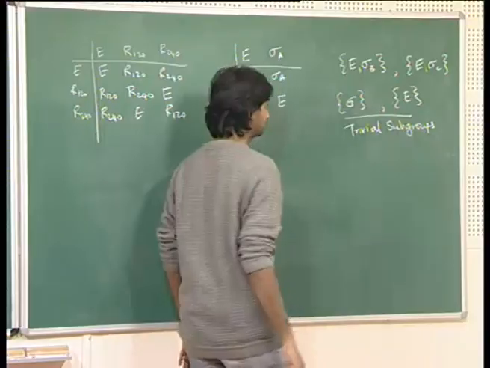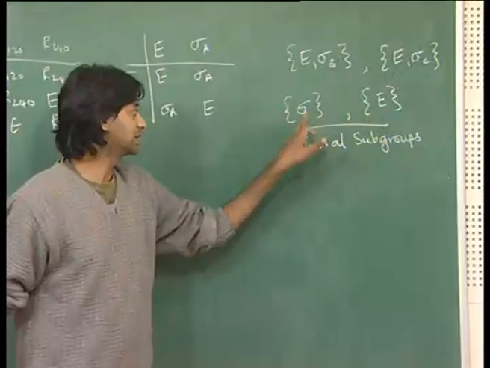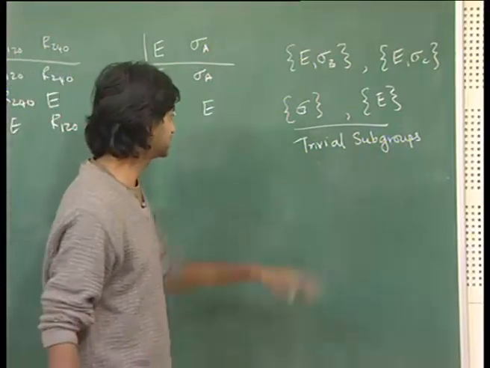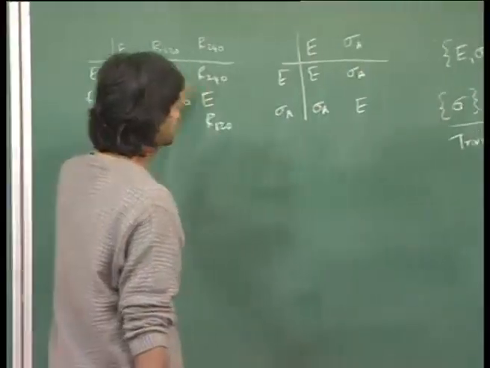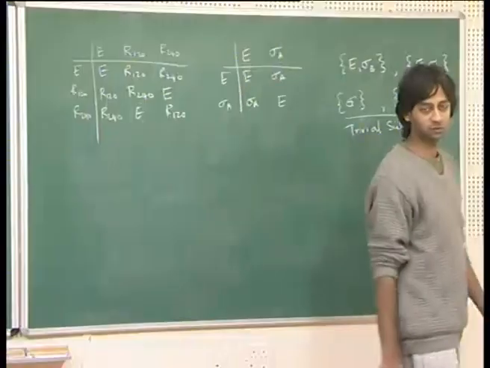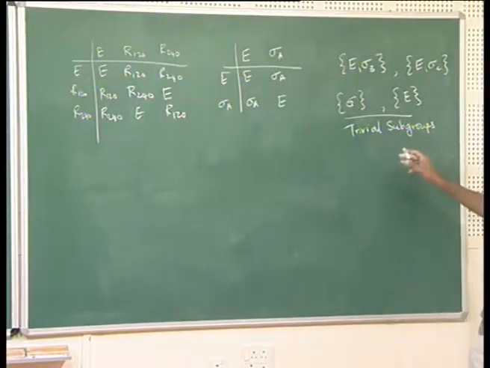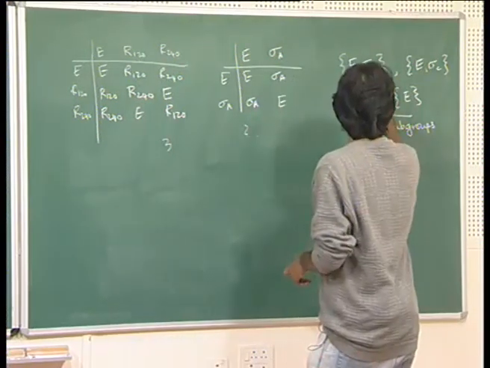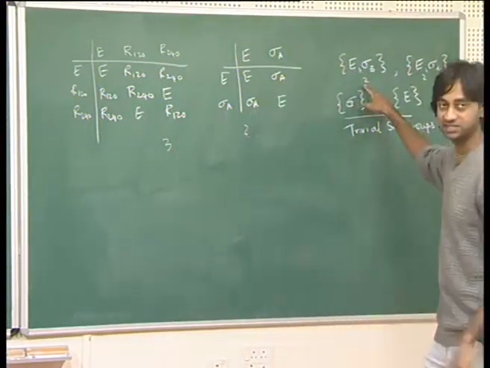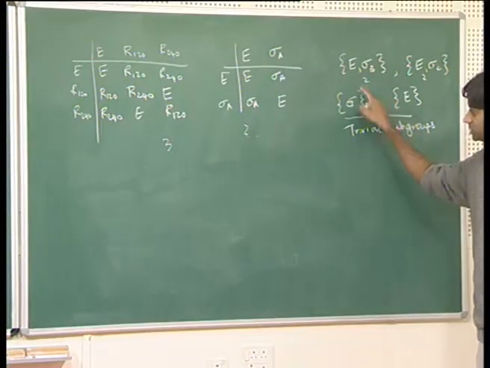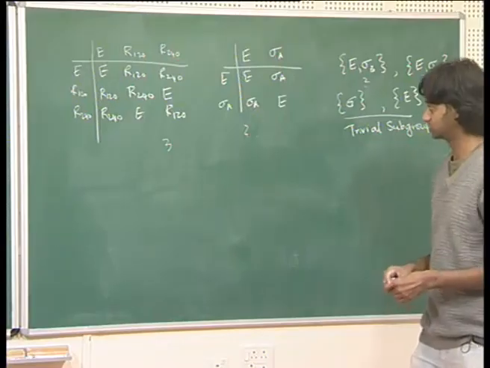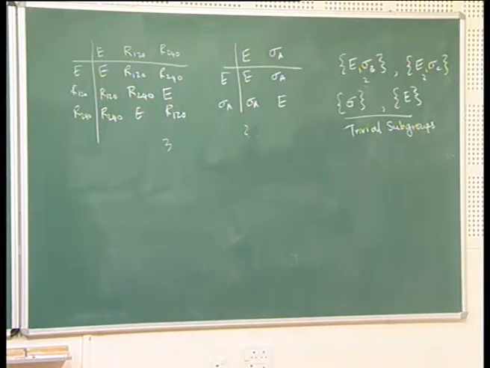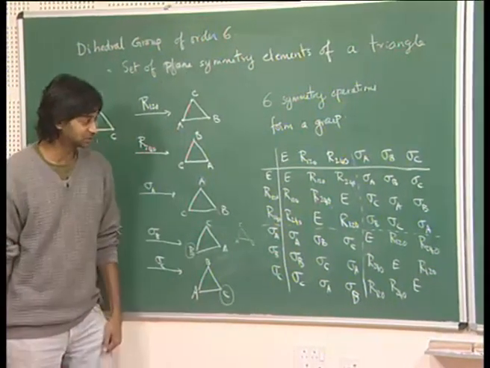For every group the identity will be a subgroup and the entire group G itself will also be a subgroup. Okay. So, these are the subgroups. We have identified 4 subgroups. This is a subgroup of order 3 and these 3 are subgroups of order 2, and notice that the order of the subgroup divides 6. So, 6 is the order of the group, and the order of the subgroup divides the order of the group. This is how much we can say about the subgroups.